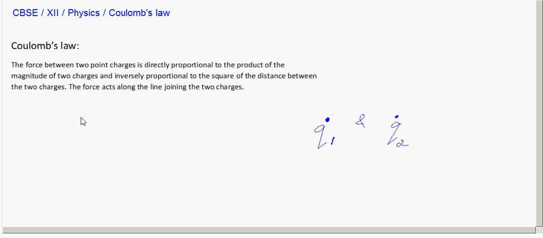If I take the force as F, it is directly proportional to the product of the magnitude of the charges Q1 into Q2. Let us take this equation as 1.